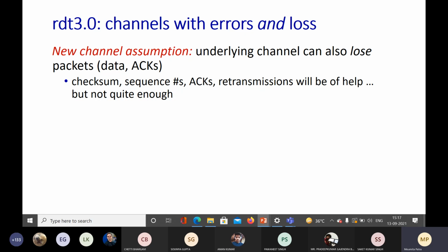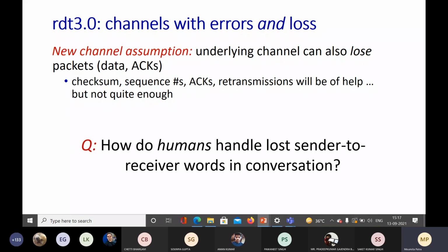So that is why checksum, sequence number, acknowledgements, retransmissions, these are helpful for all the other cases that we have talked about. But how can we find out whether there was a packet loss or not? Okay, so now let us see what happens in case of humans.